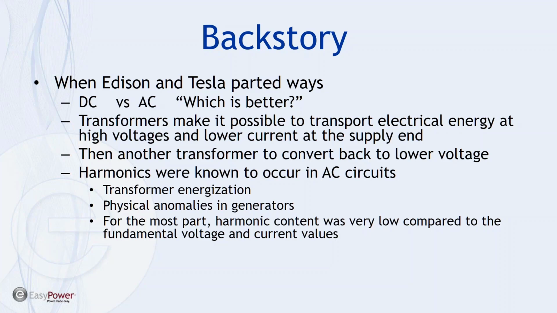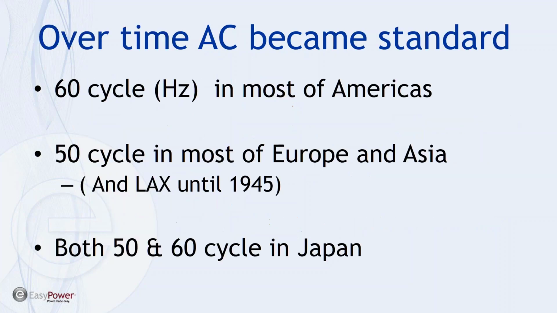So harmonics were known to occur in AC circuits at the time, in particular when transformers were energized or if you had physical anomalies in the rotating machinery or generators. But for the most part, harmonic content was very low compared to fundamental voltage and current values.